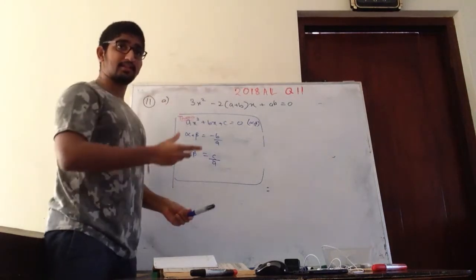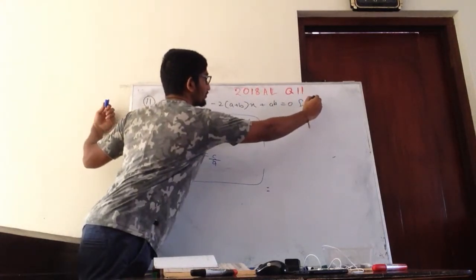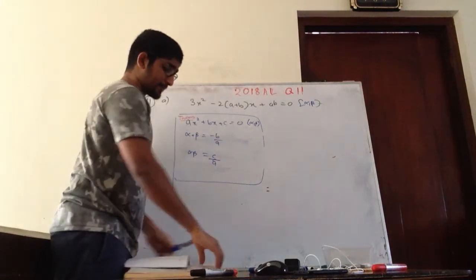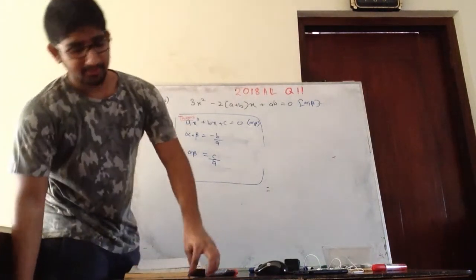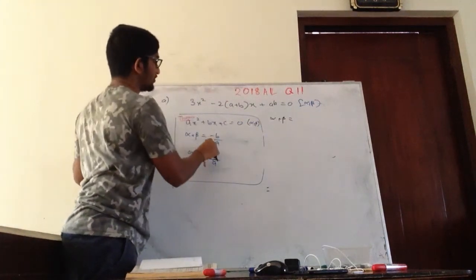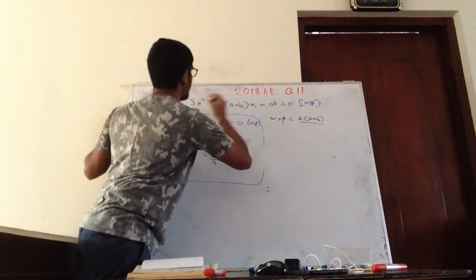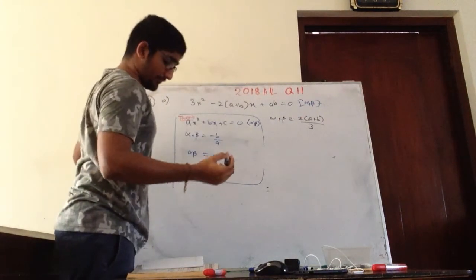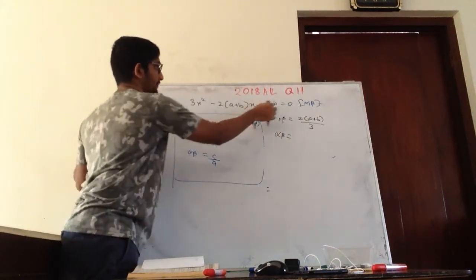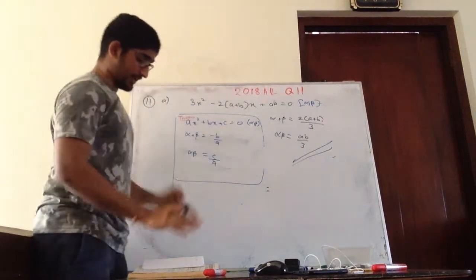So from this theory we will find alpha plus beta and alpha beta. Alpha plus beta is minus b over a, so minus b is going to be plus 2(a plus b) over 3. Then alpha beta is basically c over a, that means ab over 3. So this is what they are asking.